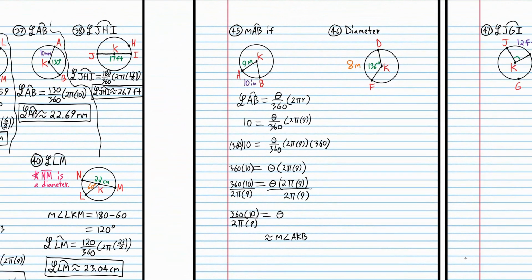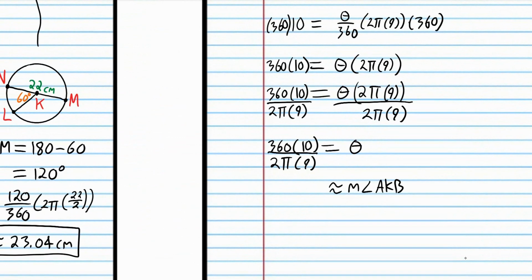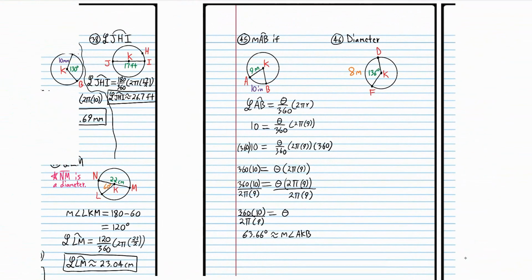So we can get out the calculator. 360 times 10 equals, divided by 2 equals, divided by pi equals, divided by 9 equals. And we get 63.66. 63.66 degrees is the measure of the central angle.